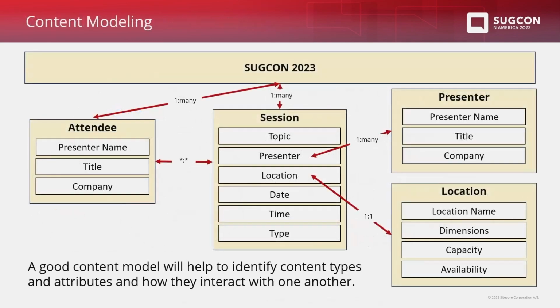When I talk about defining your content and its relationships, this is often done by content modeling. Couldn't think of anything as general as maybe SUGCON. So we have our attendees. We have many attendees at one SUGCON. One attendee might attend many different sessions, and then each session has a presenter and a location. This is very simplified.